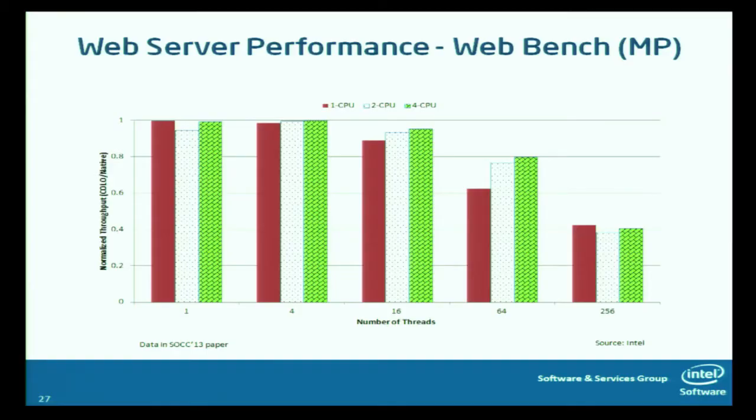Still with Pgbench, when we look at the MP scaling, so this isn't huge scaling, it's just 1, 2, and 4 processors, and we're comparing against native. So we've got COLO performance against native, and when there's just one client thread requesting data, we're almost right at native performance.